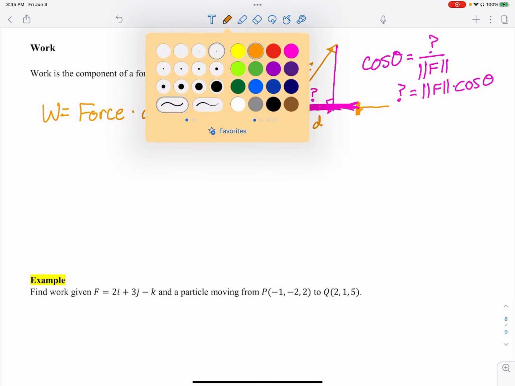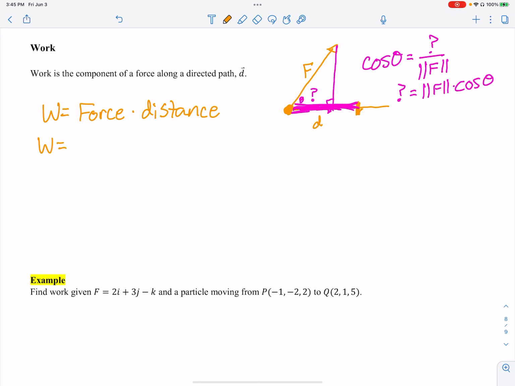So if I'm rewriting this definition of work, that force is going to be written as F times cosine of theta, and then we multiply this by the distance, which is the magnitude of that d vector. Work is the magnitude of F times the magnitude of d times cosine theta.